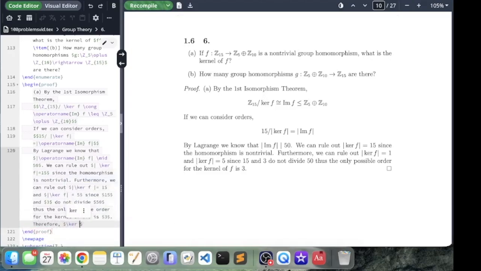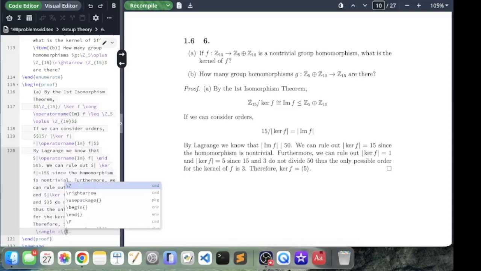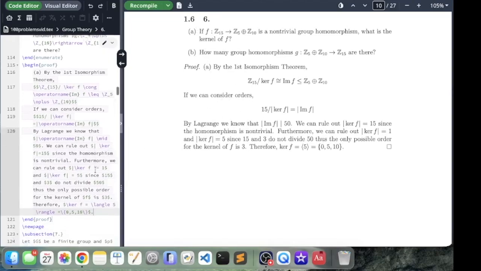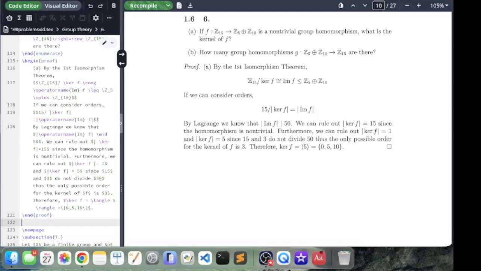Therefore, the kernel of f is equal to the cyclic subgroup generated by 5, which is equal to the set {0, 5, 10}, order 3. Okay. So we did part A, now we have to do part B.